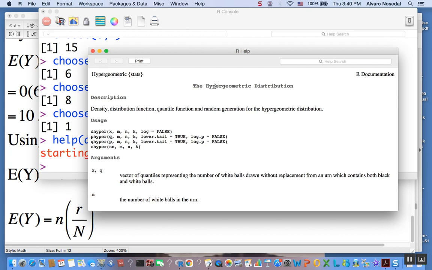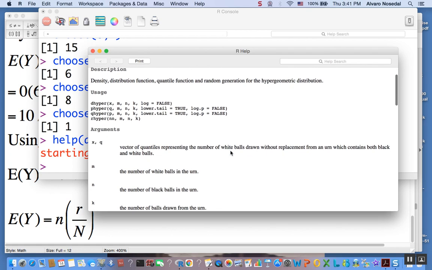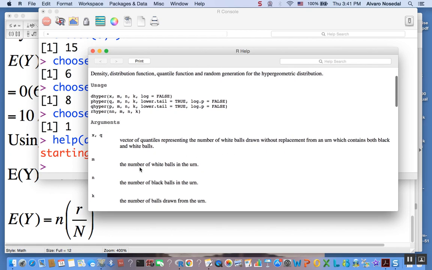As you can see, that's our guy, the hypergeometric distribution, but I want you to see something here. So x is the random variable of interest, right? And it represents the number of white balls drawn without replacement from an urn which contains both black and white balls. So now m represents the number of white balls.